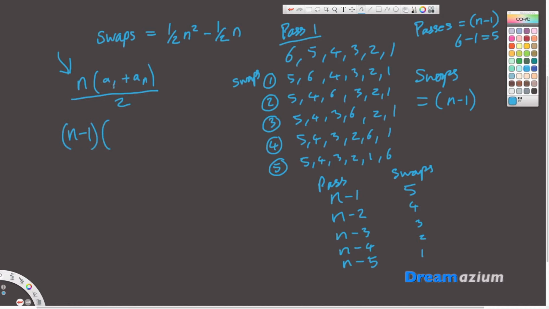The a sub 1, this is going to be a sub 1, this is a sub 2, the last one is a sub n. So that is n minus 1 as well, because the number of swaps is also n minus 1.